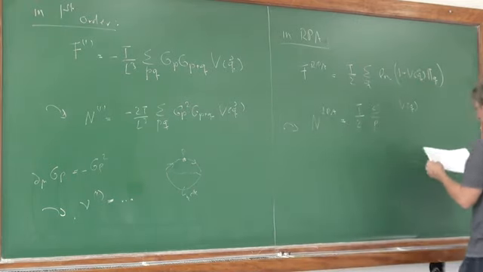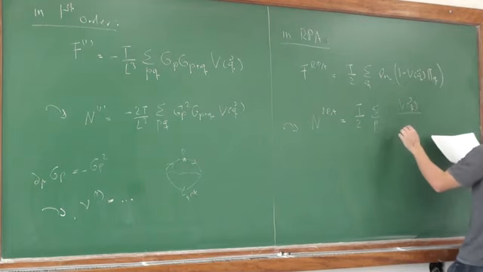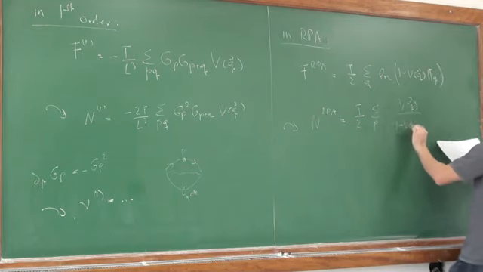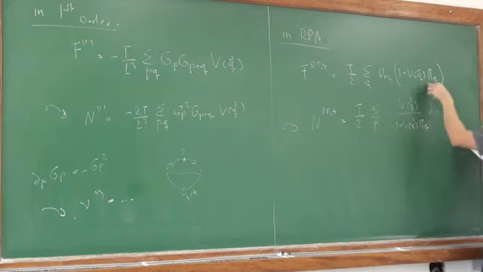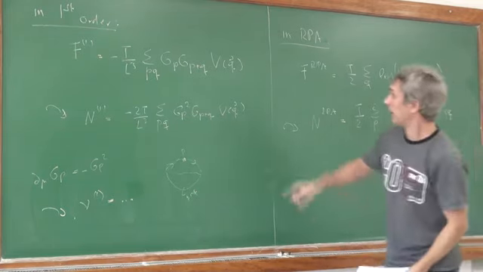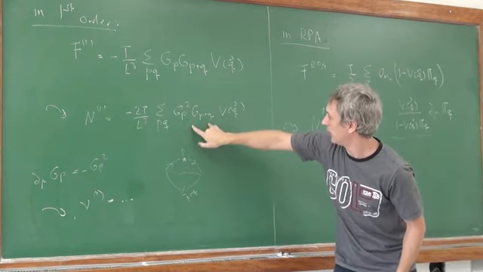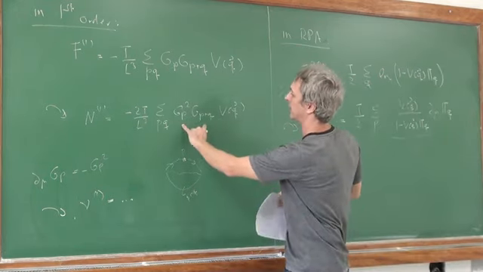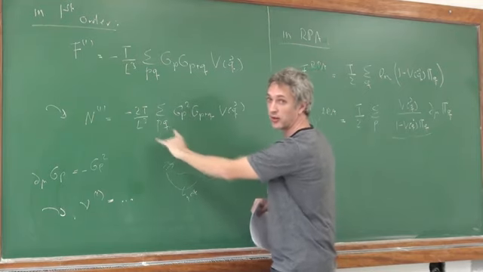So if I do this, let's make it in 2 steps. This is from taking the derivative of the log, and then we have here the derivative of the polarization operator. Now what we see here is that this is structurally identical to this expression here, because this we could also have written as the potential V of Q times the derivative of the polarization operator, which is this expression here.